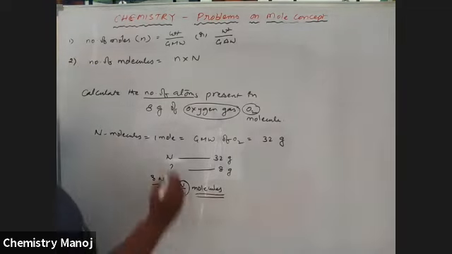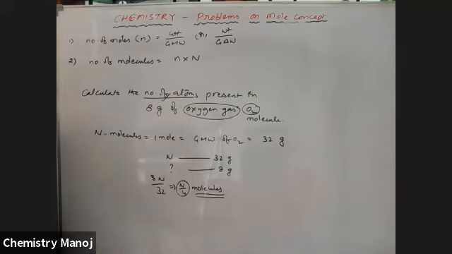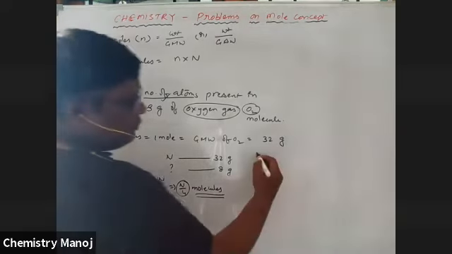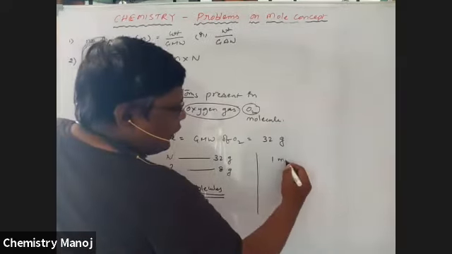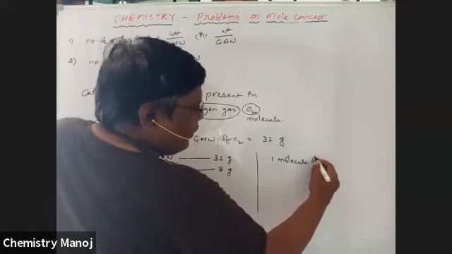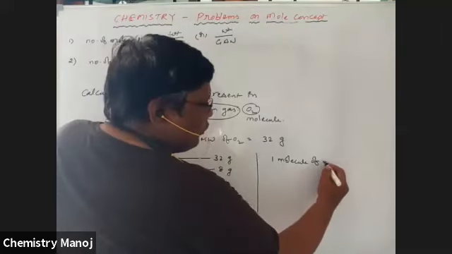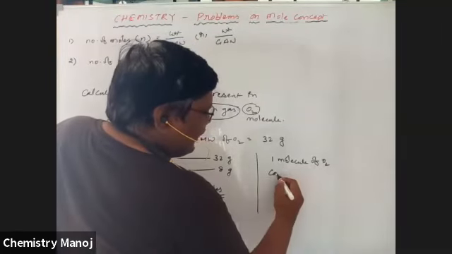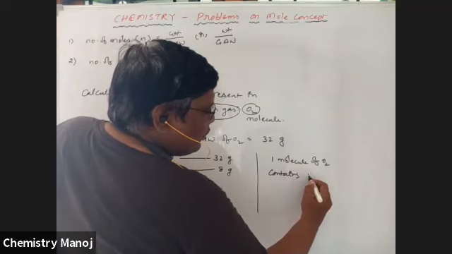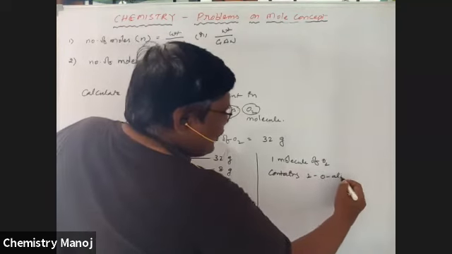But I am going to ask for atoms. We know that one molecule of O2 contains 2 oxygen atoms.